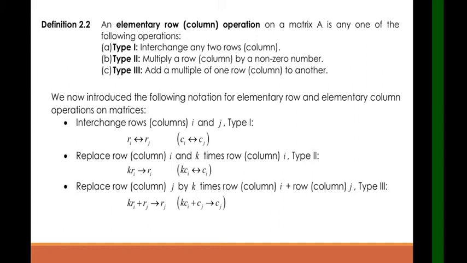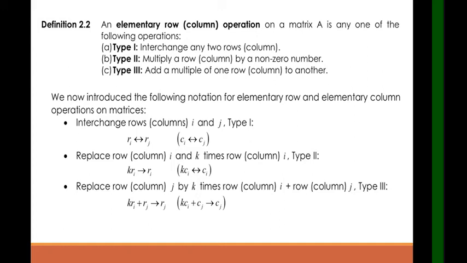We have type 1, interchange any two rows or columns. So, ibig sabihin ng type 1, pwede mong ipaglipat ng lugar yung two rows or columns.